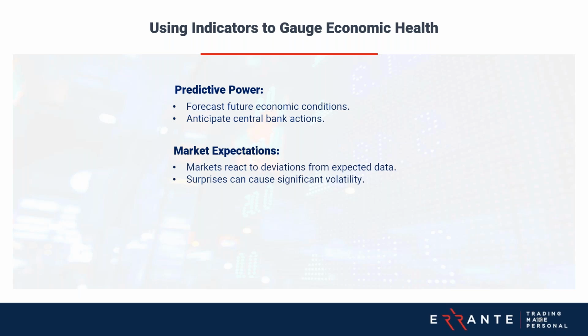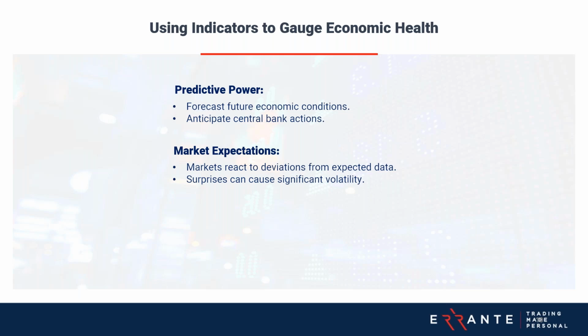The next one is market expectations and consensus forecasts. Before data is released, you see analysts provide forecasts that form market expectations, and markets often react not just to the data itself, but to how it compares with expectations.